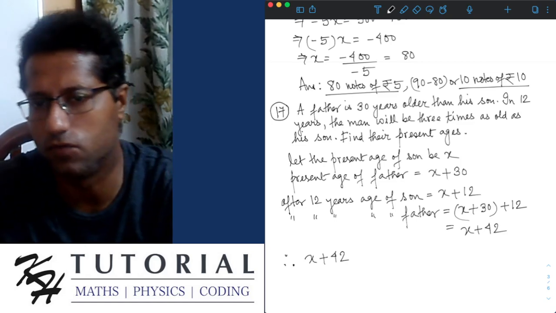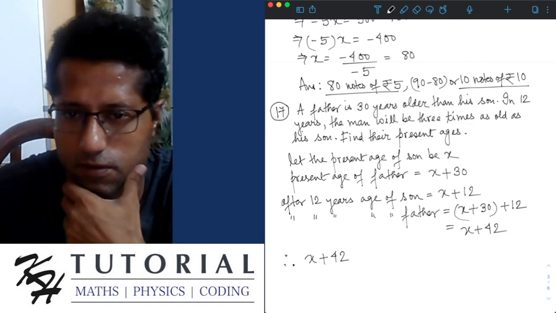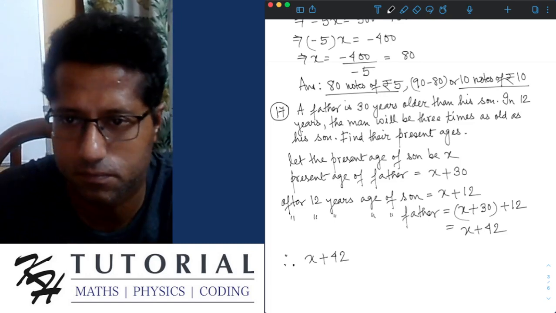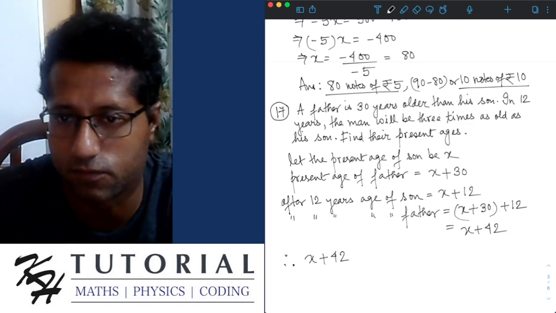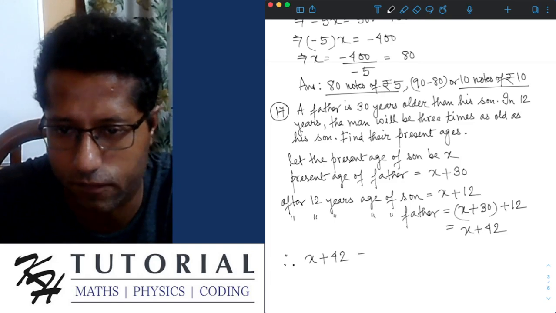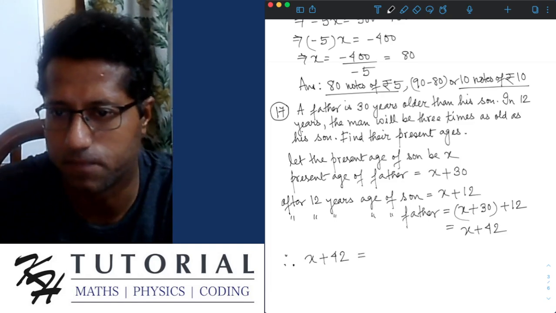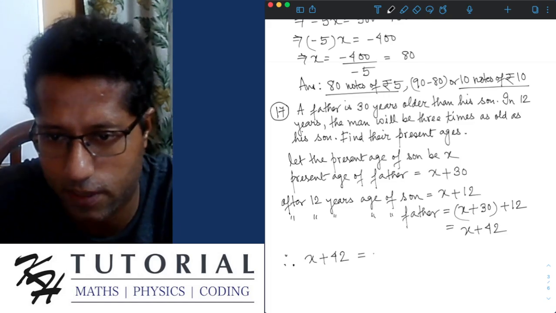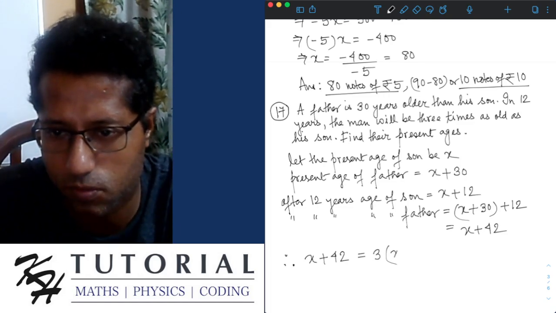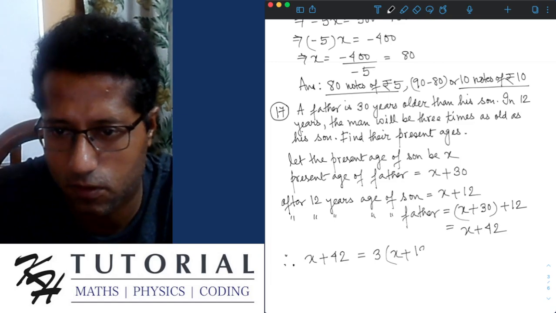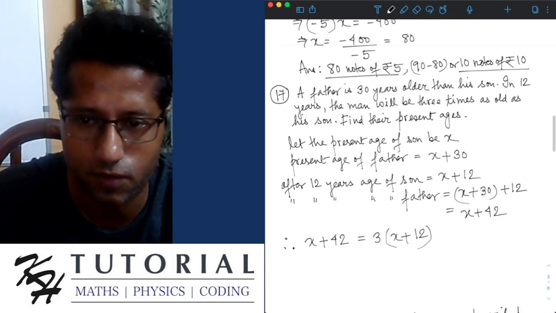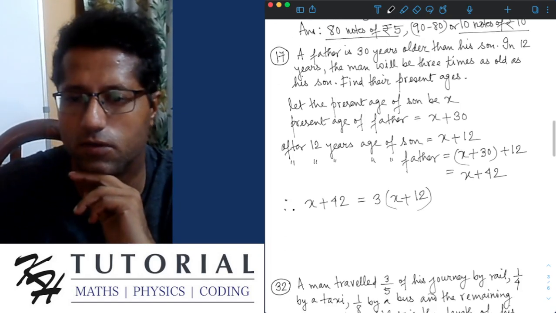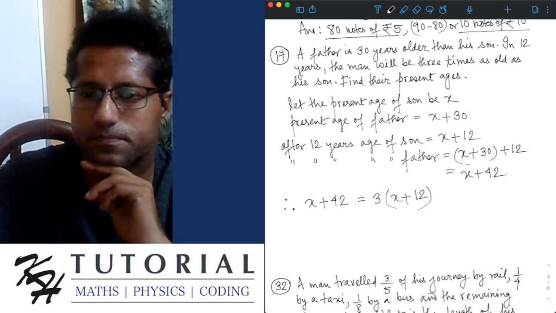That is, thrice the age of the son after 12 years. After 12 years, the age of the son is x plus 12, so thrice of that is 3 into x plus 12. So we have formed the linear equation and we have to solve it.